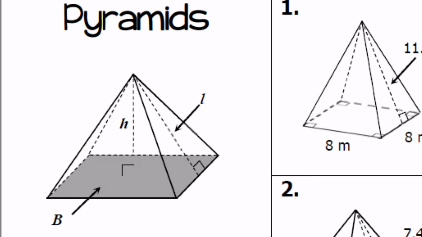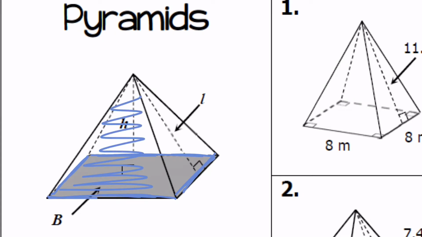So when you think about finding the area of the base, you're finding that area, and then you have to notice how when we're dealing with pyramids, the number of sides the base shape has is how many triangles make up the faces of this pyramid. So this one has 4 faces because our base shape is a rectangle which has 4 sides.